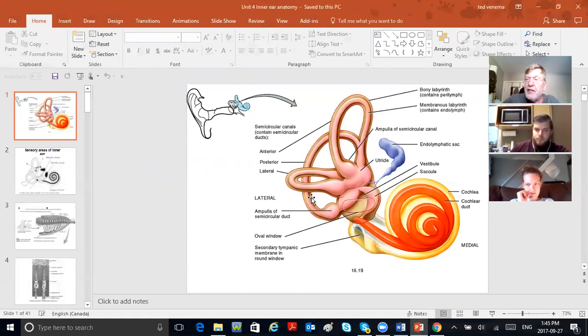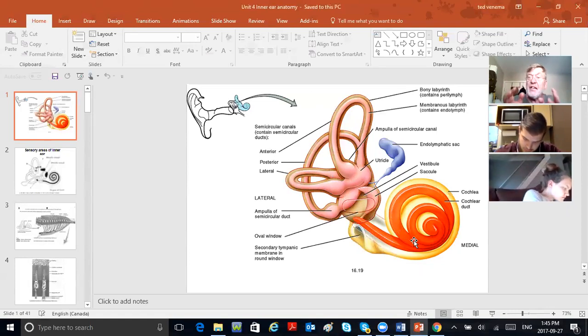The hose inside the membranous labyrinth, these bubbles here, this pink stuff here, these two bags over here, and then this whole orange thing here, that's the membranous labyrinth, and that's filled with endolymph. Endo means inside, peri means around.